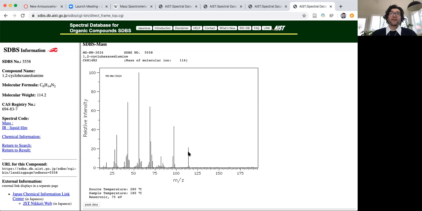You can see here in the mass spectrum of cyclohexane diamine that we found the molecular ion peak at 114. Notice here that the base peak is at 56, and again, there is even spacing between each of these groups.